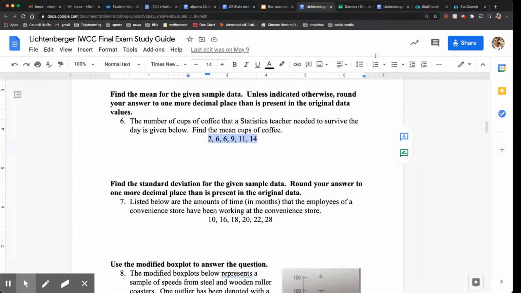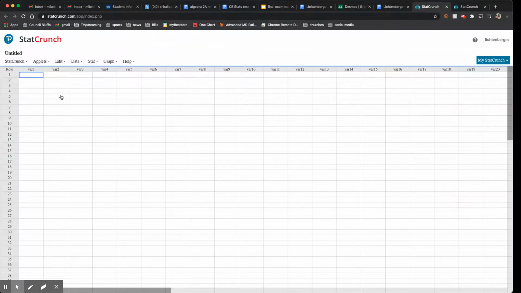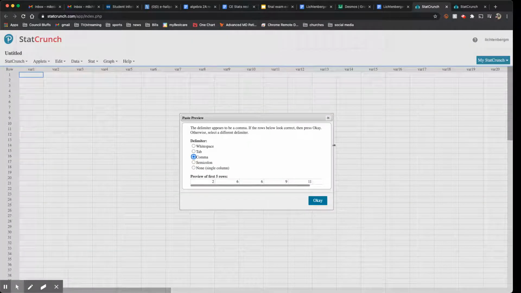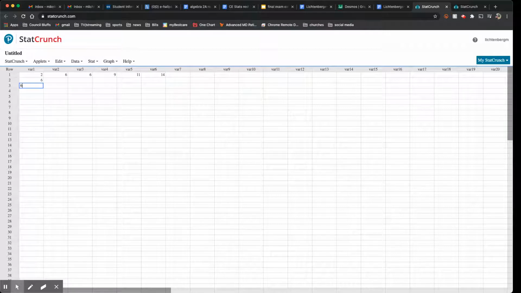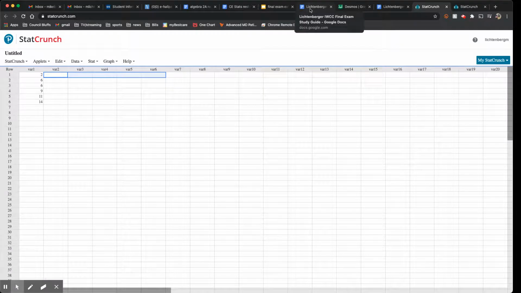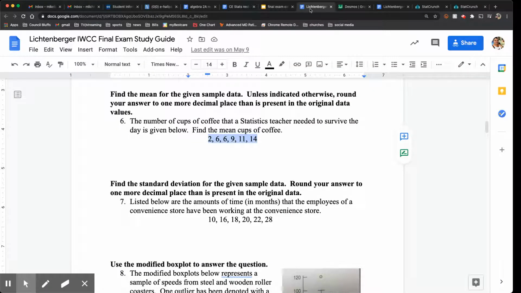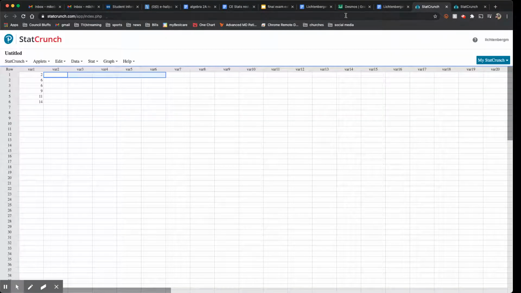Let me see if I can copy and paste these. On the exam, you'll actually have to put those answers in. So I'm putting them in a column. This makes it a little easier. So we'll get rid of those. So I put all of the data in a column: 2, 6, 6, 9, 11, and 14.